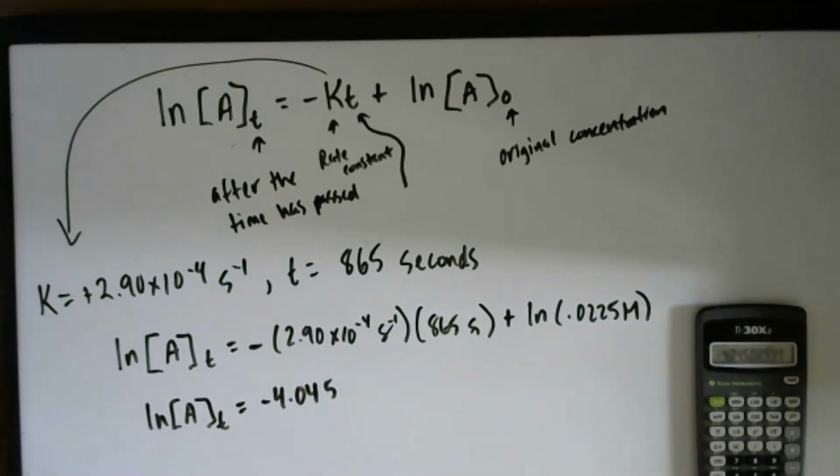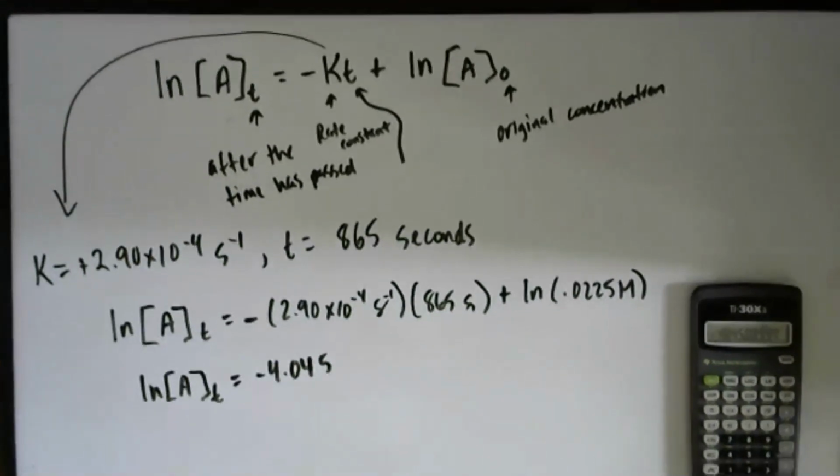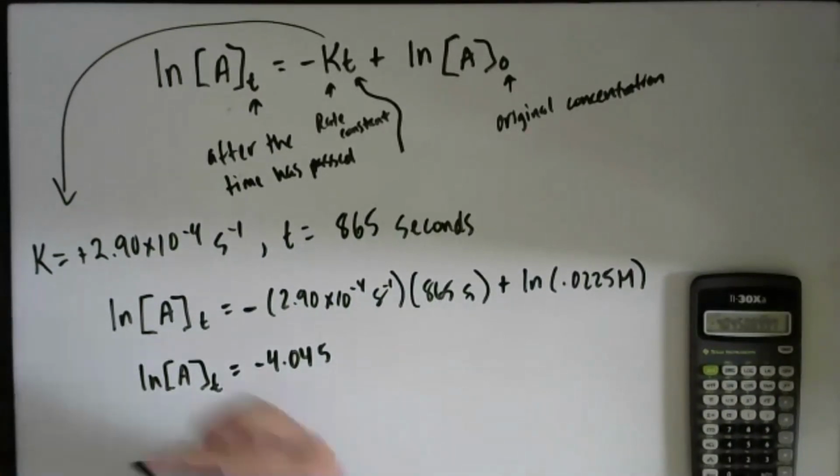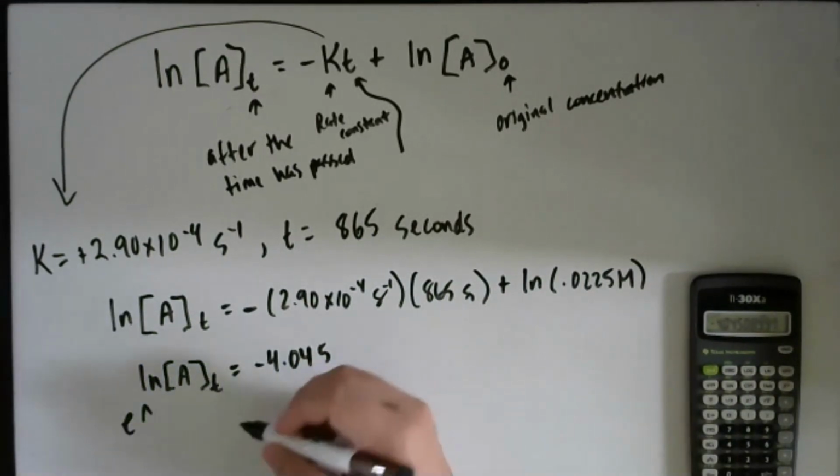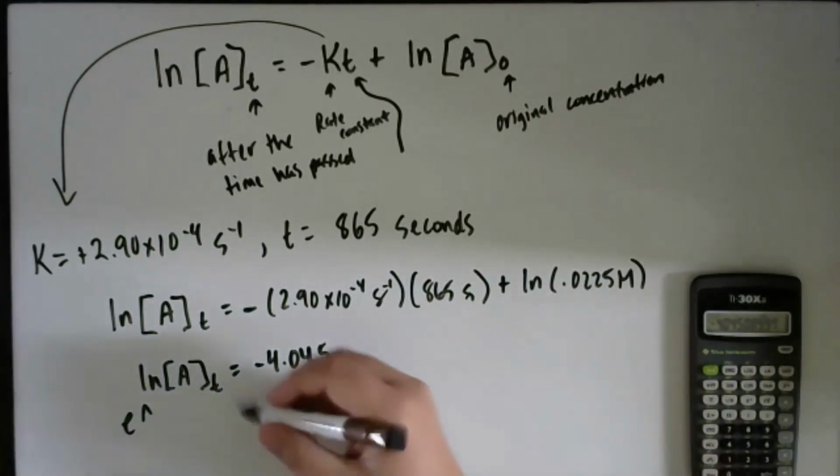Now we have to get rid of this natural log. To get rid of the natural log, you're going to raise both sides to the e, and the e function is going to be linked to the natural log on your calculator. It's usually when you have to hit the second key to access it.